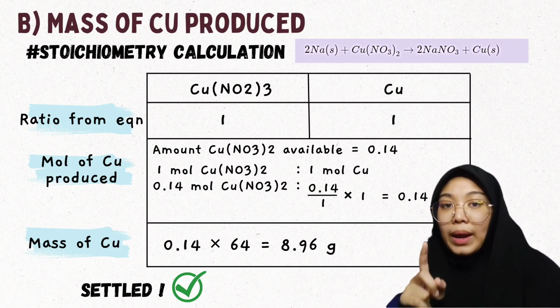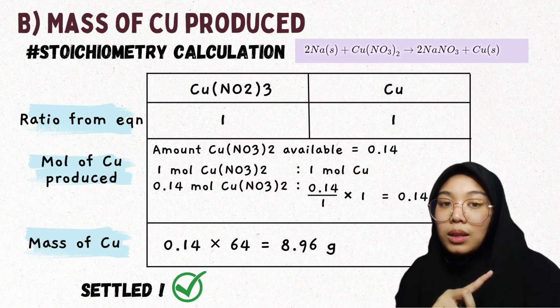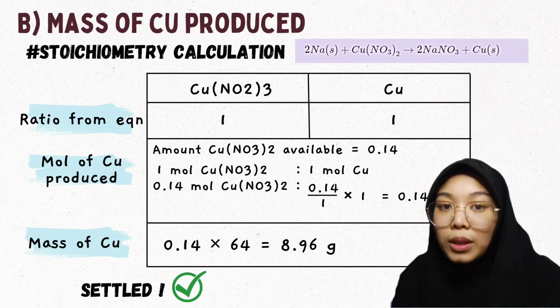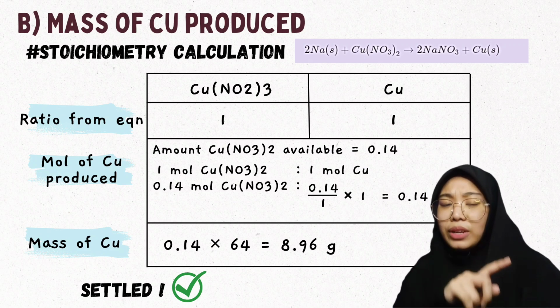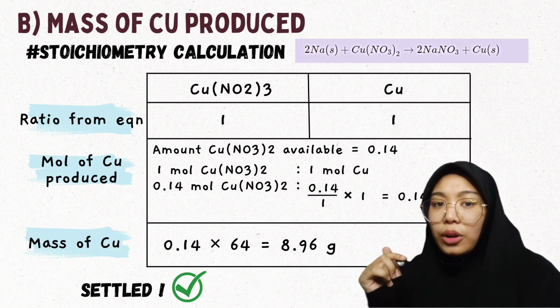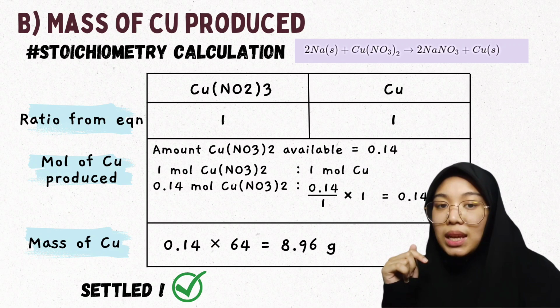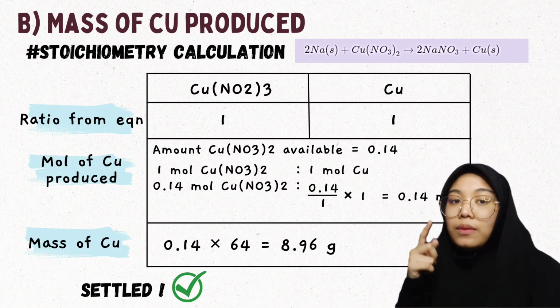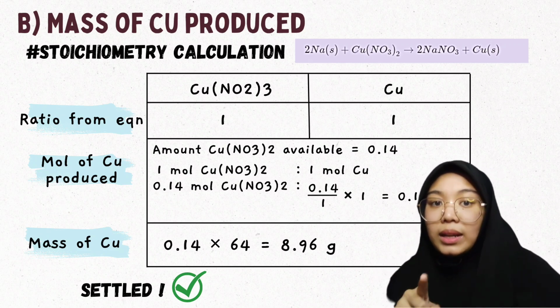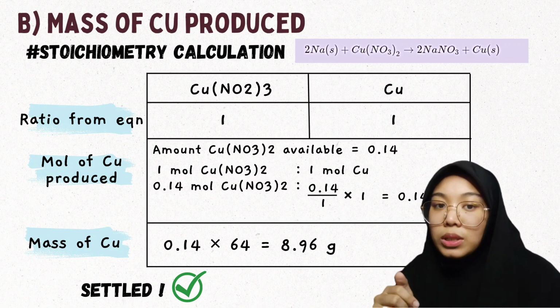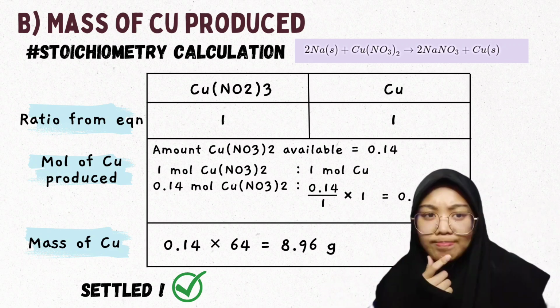So we need to compare the copper with the limiting reactant we obtained earlier, which is copper 2 nitrate. Ratio from equation is their coefficient respectively, as you can see in the purple box on the upper part of the slide. And then we calculate the mole of the copper produced by comparing both substances.